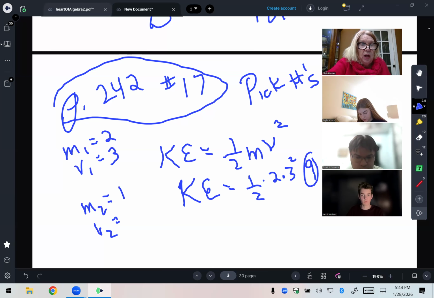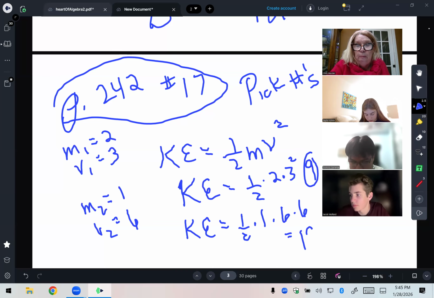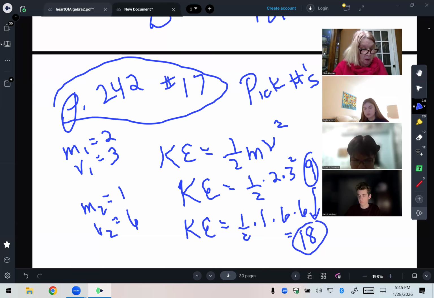So the velocity will now be 6. And so then we put this in a new equation. KE equals 1/2 times 1 times 6 squared, which would be 18. And so now we can see very easily that the answer has to be C.